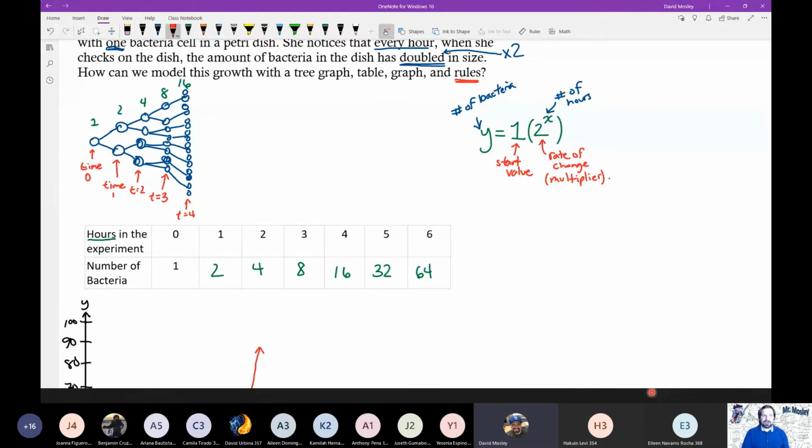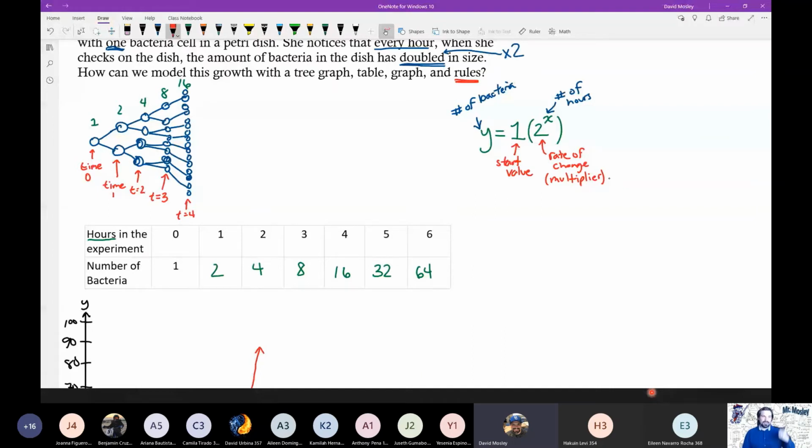Any questions on how I came up with that rule based on the work that we've done? Okay. I'm specifically going into this example and showing each part, even though it seems relatively simple, because it is the most simple kind of exponential function I can have.